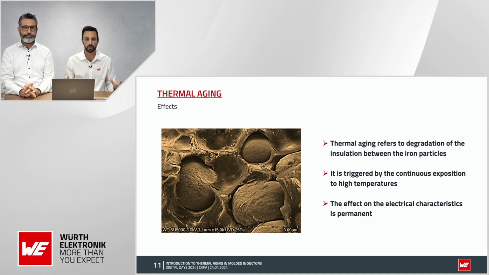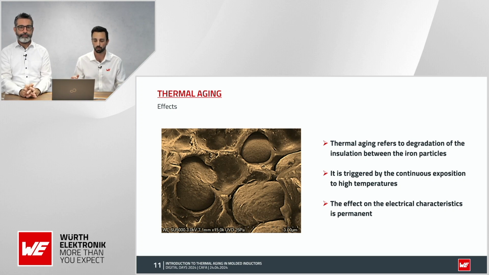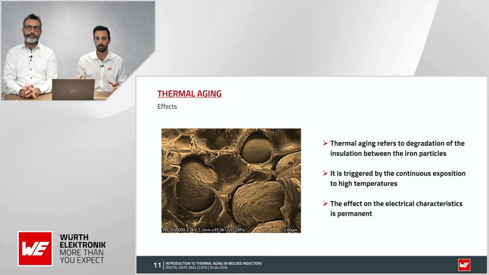This is a long-term irreversible degradation process that affects the structure, the content, and the morphology of the submagnetics. It is important to mention that it is a permanent effect. If it happens to you at 150 degrees and then you go back to ambient temperature, the damage is done and is not coming back to normal.